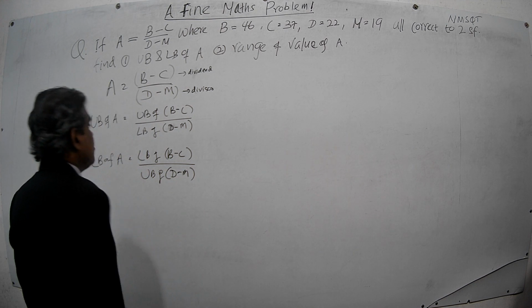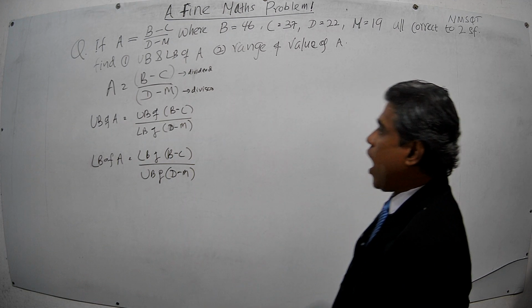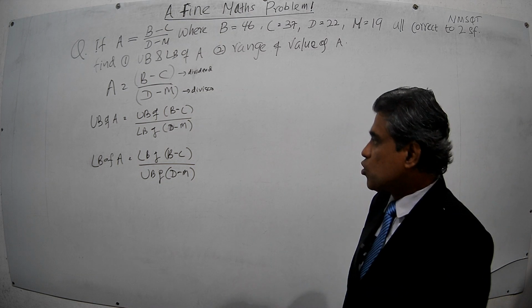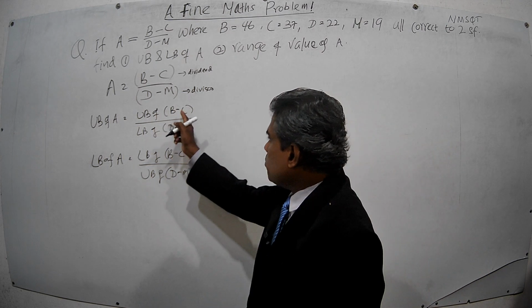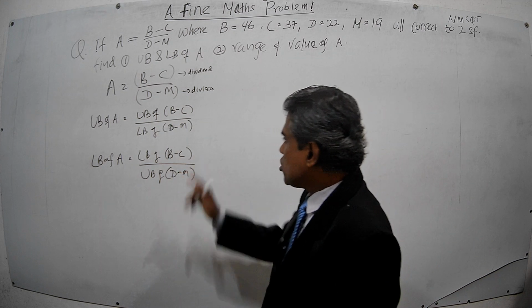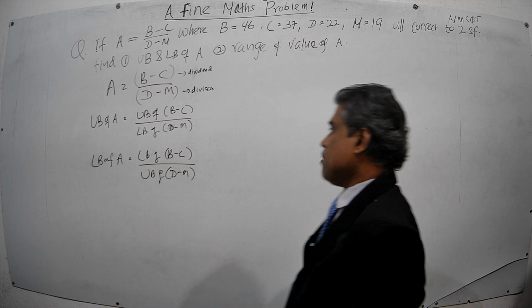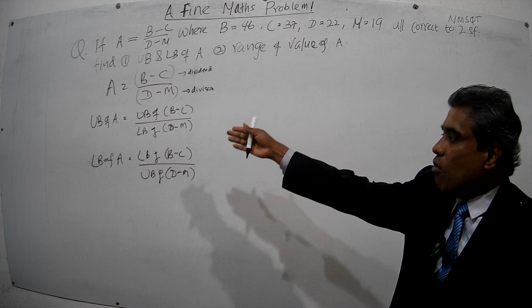Now here we have got two things. We need to find four pieces of information to find the upper bound and lower bound of A. We want the upper bound and lower bound of B minus C, and the lower bound and upper bound of D minus M, and substitute those values into this formula.